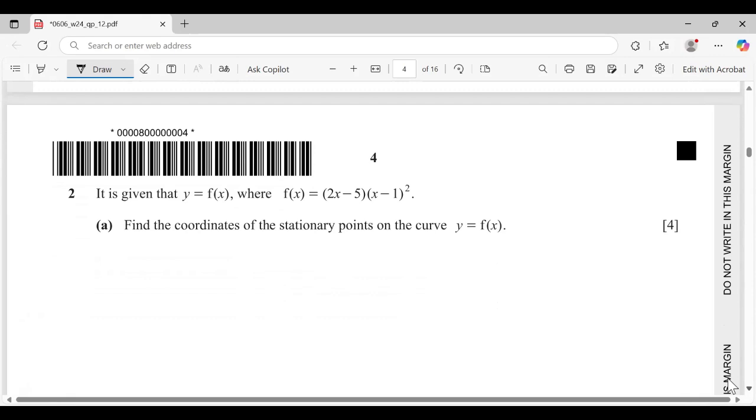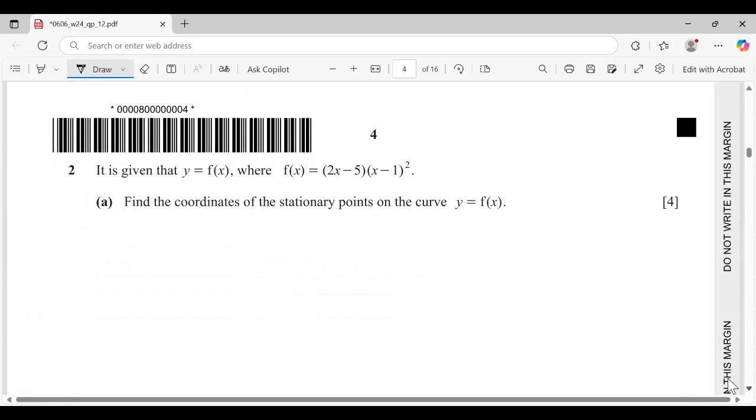It is given that y equals f(x), where f(x) equals (2x minus 5) times (x minus 1) squared. Find the coordinates of the stationary points on the curve y equals f(x). To find the stationary points, we need to set the derivative equal to 0.